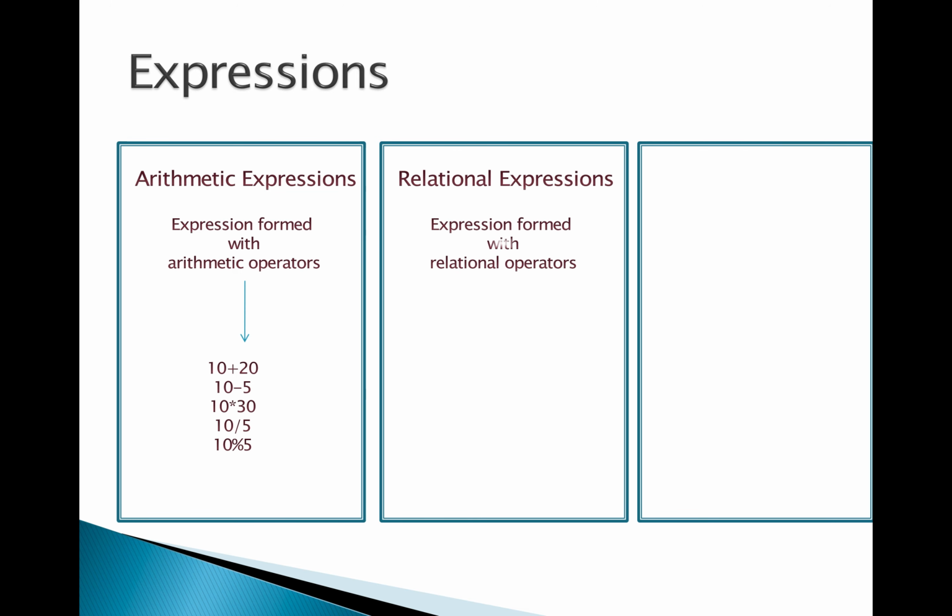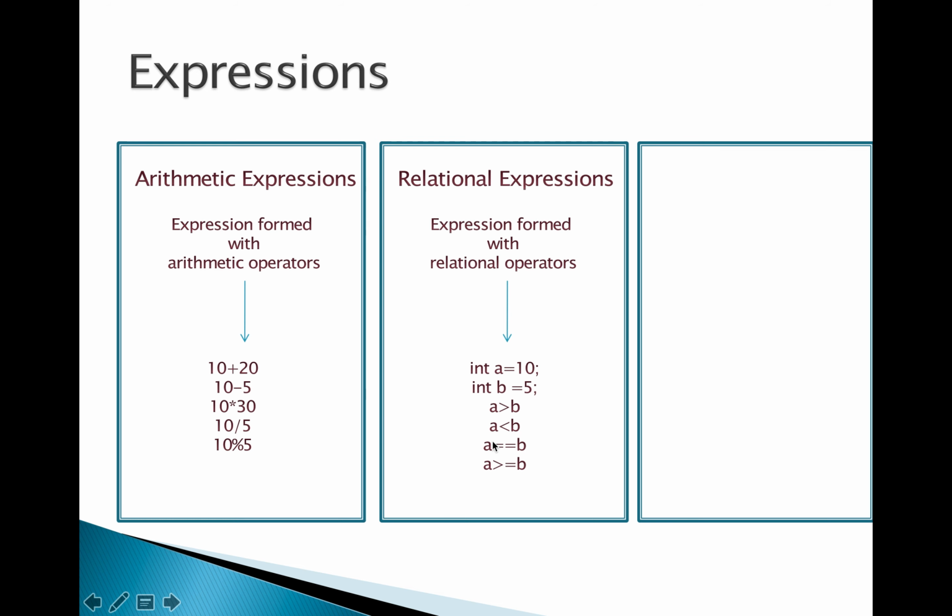Relational expressions are expressions formed with relational operators. The relational operators we have are greater than, less than, greater than or equal to, less than or equal to, equal to equal to, and not equal to. Note that equal to equal to is written with two equal signs, not just one, because a single equal to is the assignment operator, used to assign one value to another.